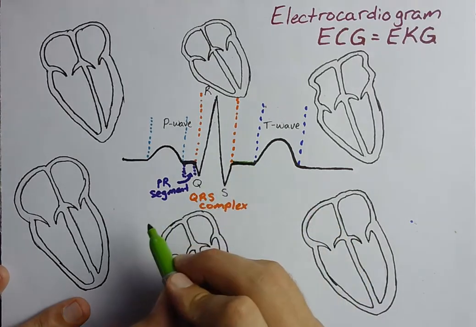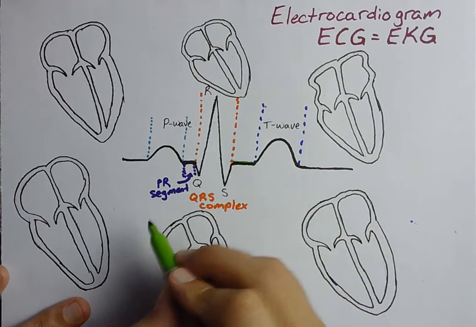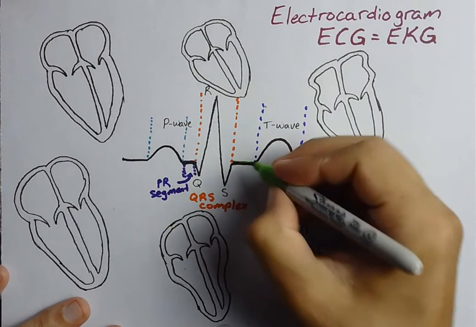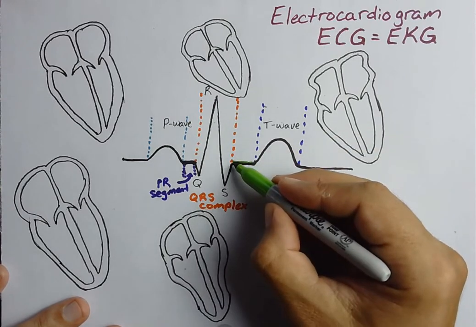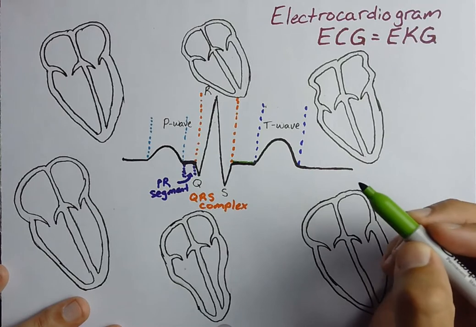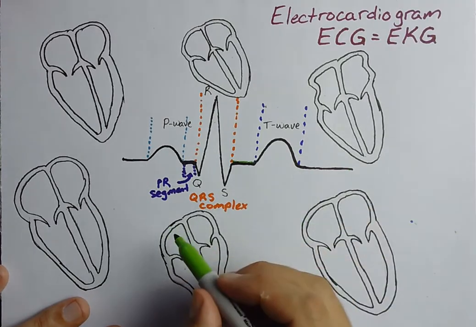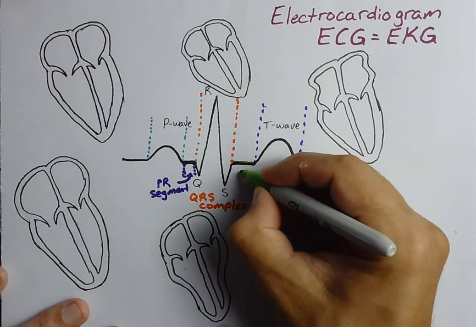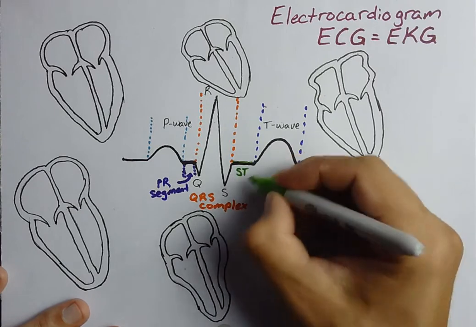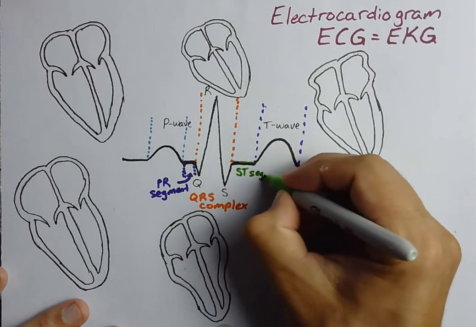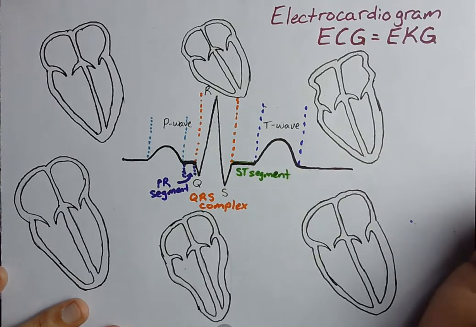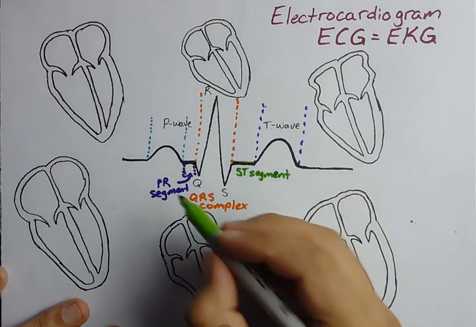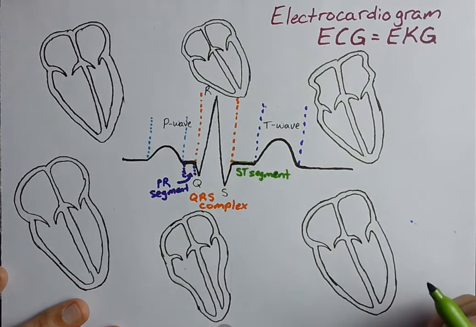Well, we haven't identified that portion of the curve right there, and it goes from the end of the S to the beginning of the T. So you might be starting to get it. This is going to be called the ST segment. The PR segment and the ST segment.